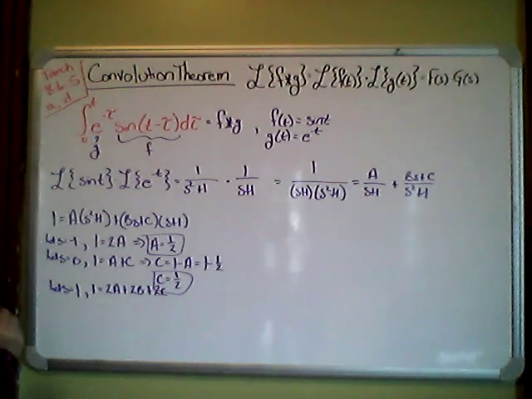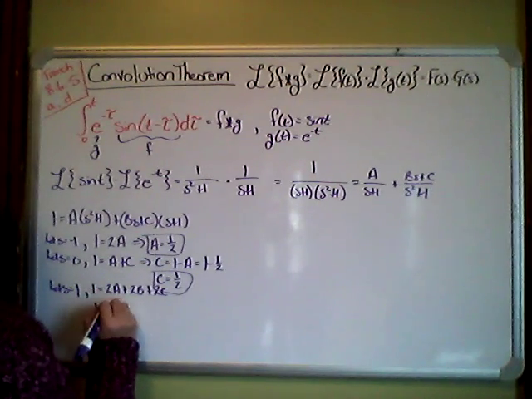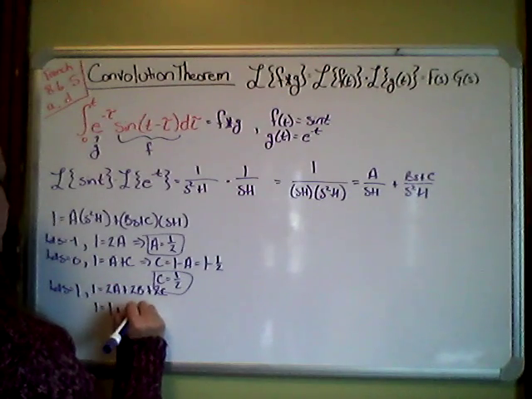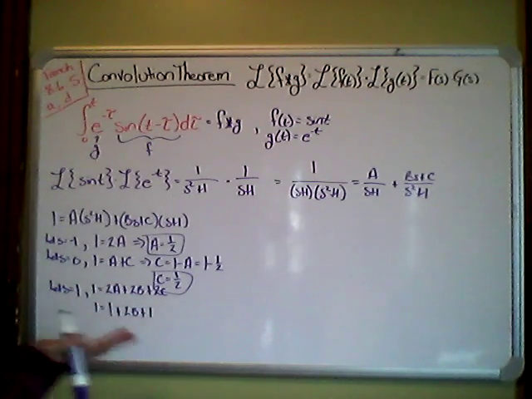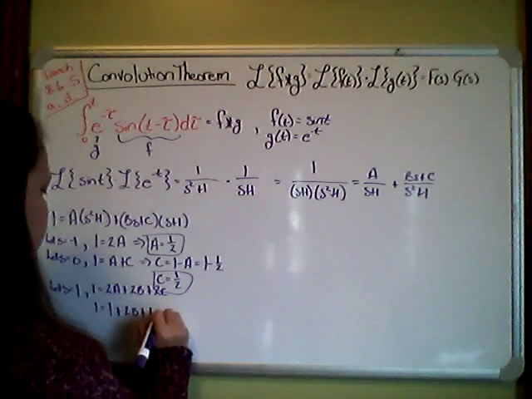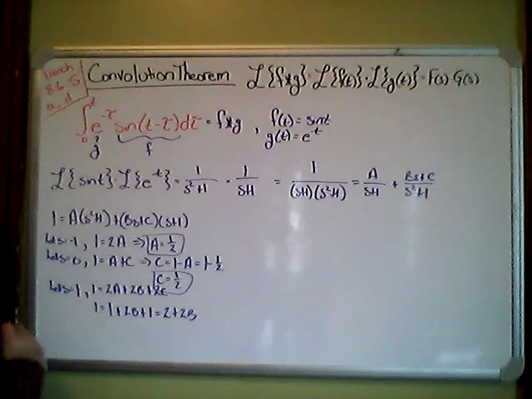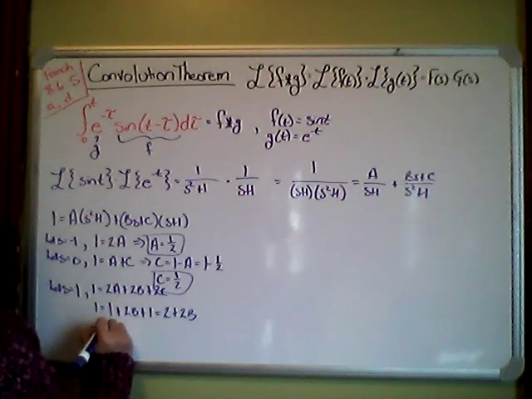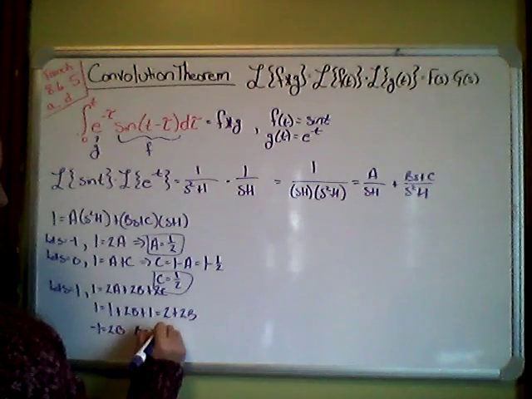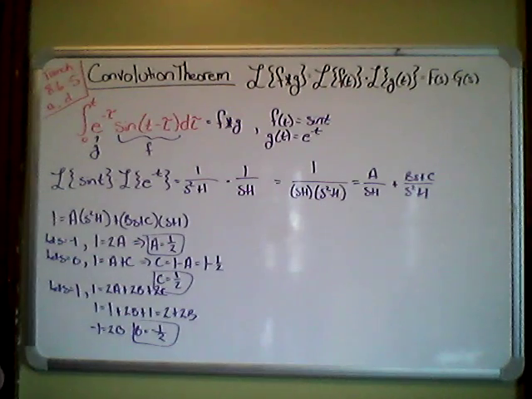Which we can then say is equal to 1 plus 2b plus 1, because a and c are both 1/2. 1/2 times 2 is 1. And this, of course, will equal 2 plus 2b. And then solving for b, we will get minus 1 is equal to 2b. And so b is equal to minus 1/2. So now we have a, b, and c.